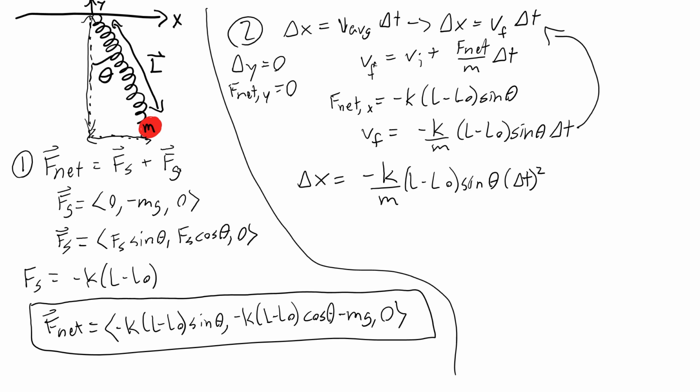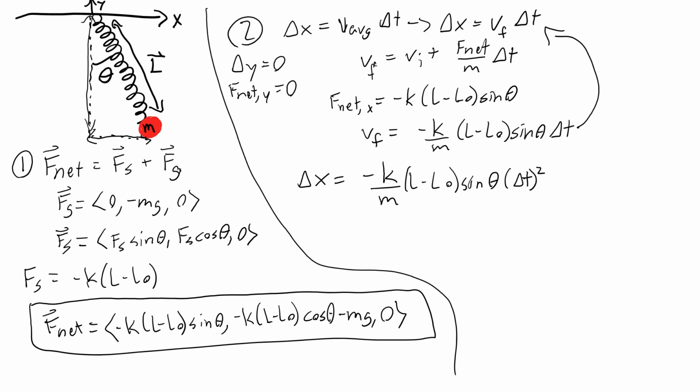And here we are almost done with our problem. However, it does ask us to write our answer only in terms of theta, gravity, and delta t. As you can see, we have a spring constant, we have L and L naught, and a mass. So we are not done yet.